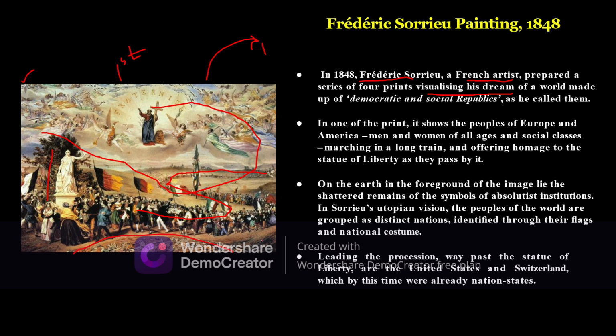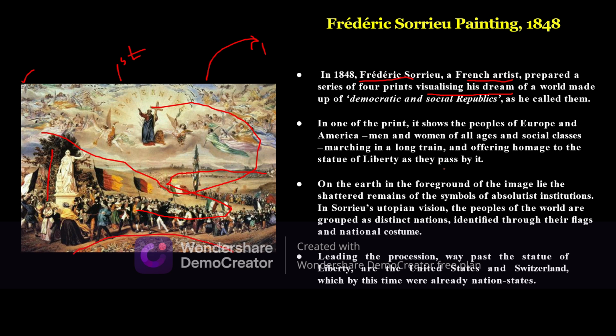Okay, now let us understand what this painting says. In 1848, Frederick Soreau, a French artist, prepared a series of four prints visualizing his dream of a world made up of democratic and social republics, as he called them.